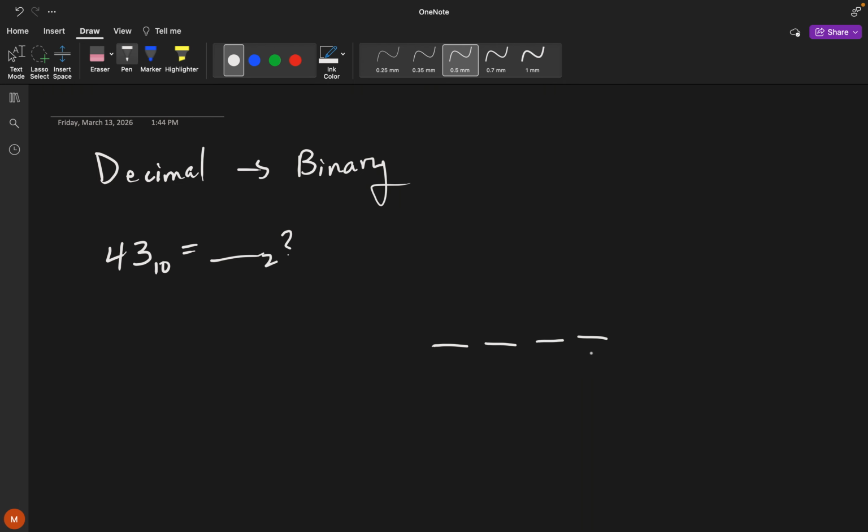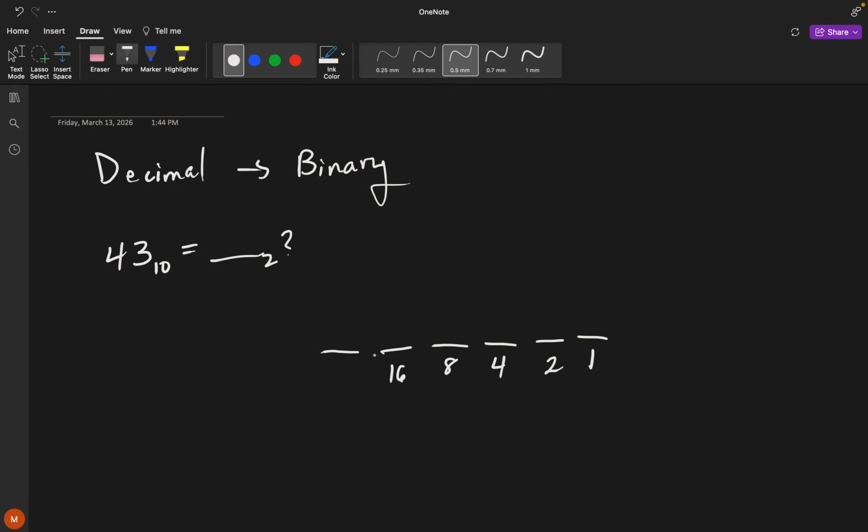So what's on the right? Always the ones place. And then double to 2 and 4 and 8. And notice I'm going to be converting 43. So I'm going to keep going until the place that I would add goes above 43.